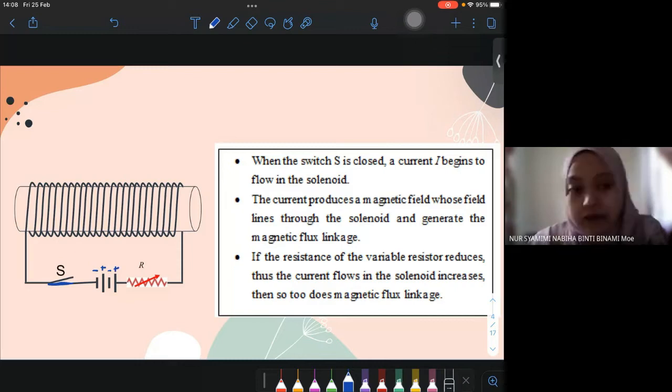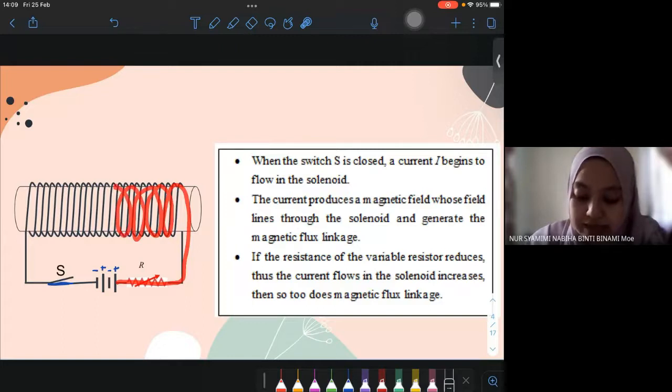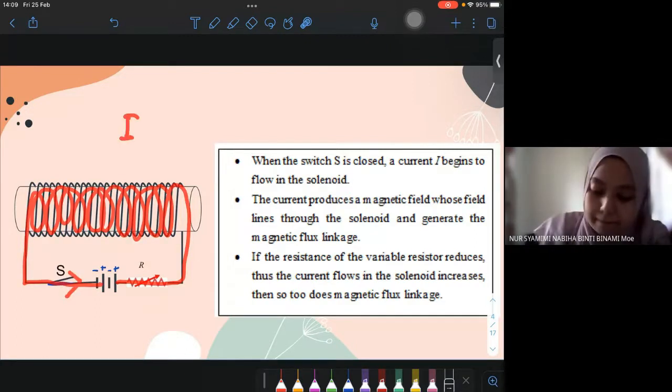So the current will flow out from the positive terminal dan akan melalui variable resistor pergi dekat solenoid. So dia dah ada current. Adakah current yang merah ini induced current? Adakah itu induced current?